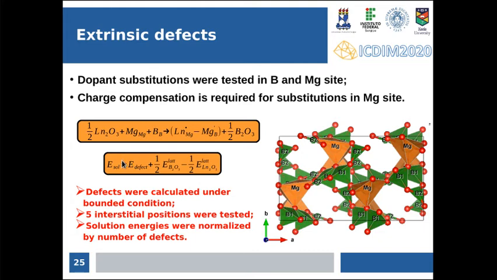We have one reagent on the reagent side, the lanthanide oxide, and the magnesium and boron sites.